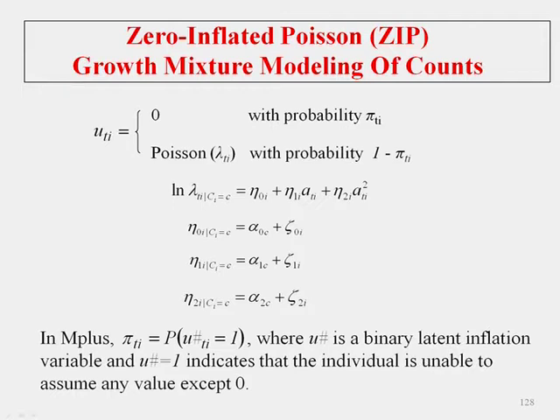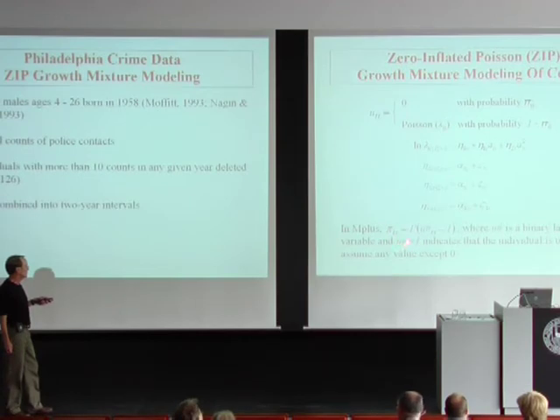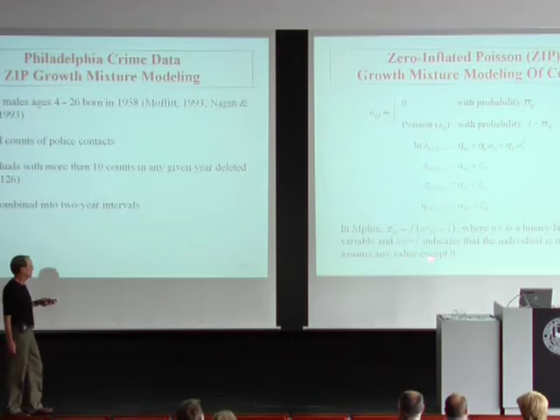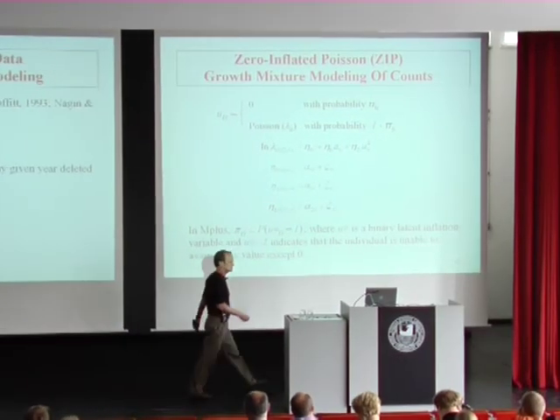So it's a binary variable, but it's unobserved. You don't know if you are a criminal or not a criminal. And U number equals 1 indicates that the individual is unable to assume any value except 0. So U number equals 1 corresponds to being a non-criminal. It's a little bit complex there, but you can handle it.